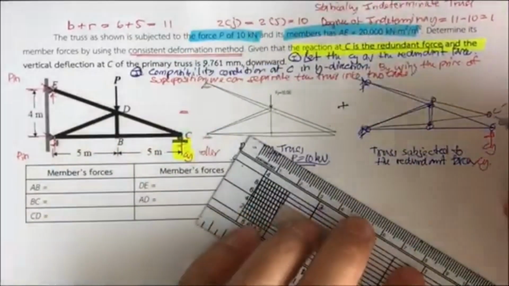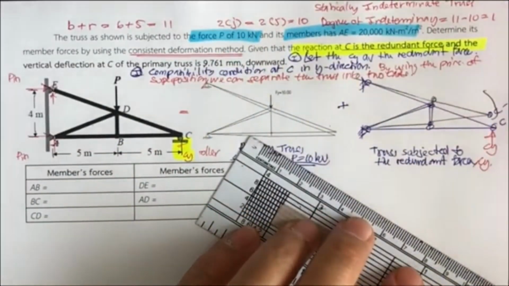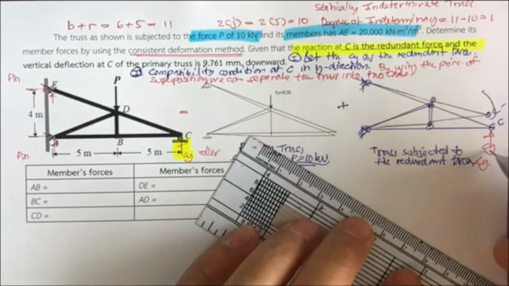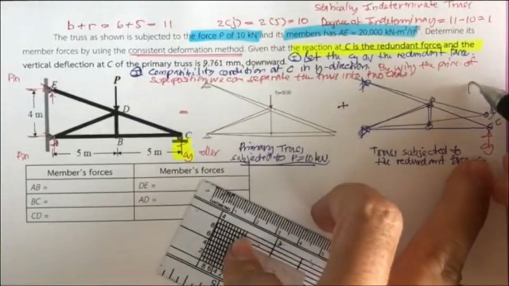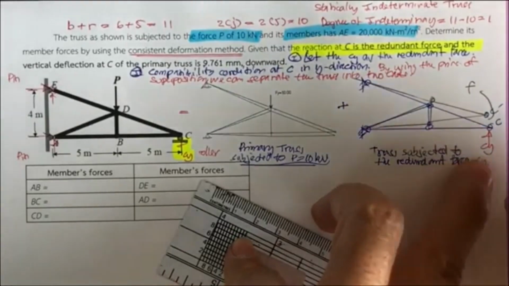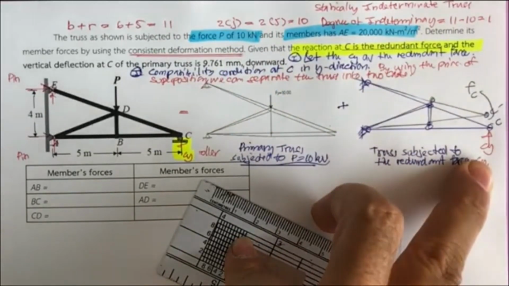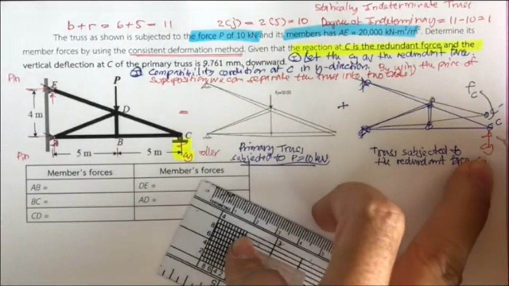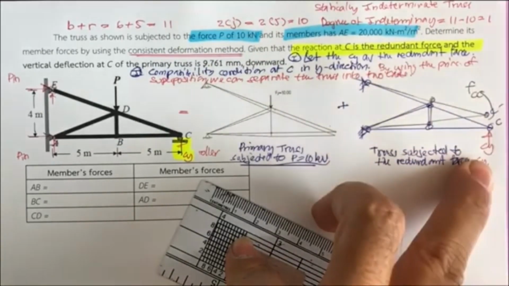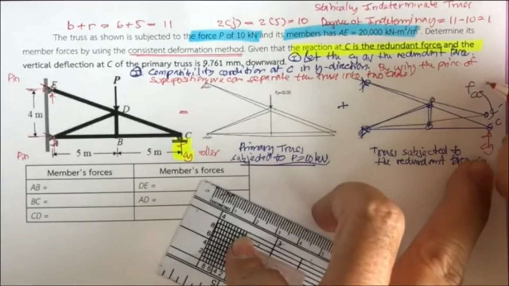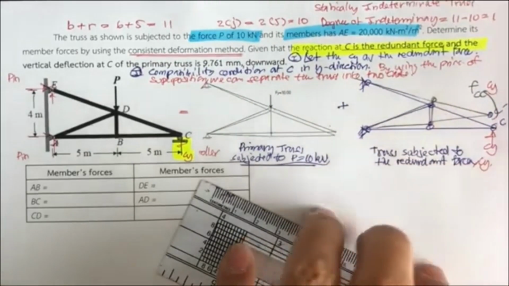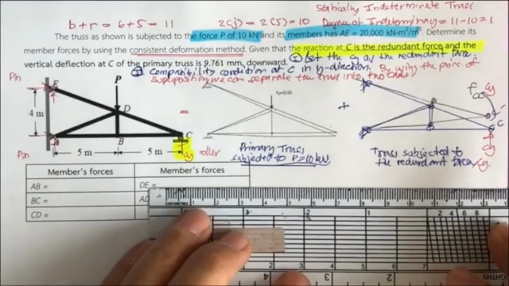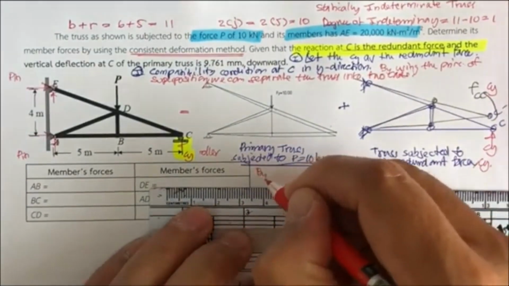And what we have is the vertical deformation at C. Since C sub y is unknown, usually we just set C sub y equal to 1, and this is going to be the deflection at C in the vertical direction. Okay, when the force is applied at C, and if the total force is C sub y, the total vertical deflection is going to be F sub CC times C sub y.